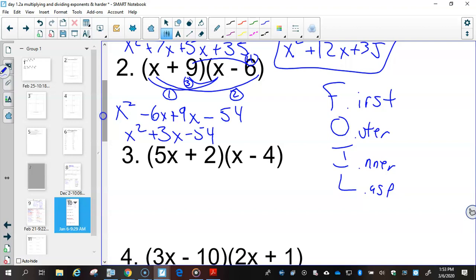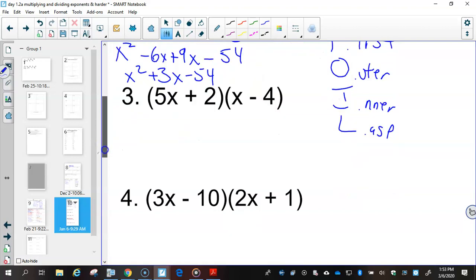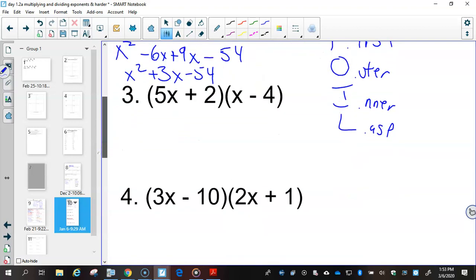Right, let's do one more of these. If we're multiplying our first two, what's 5x times x? 5x squared.